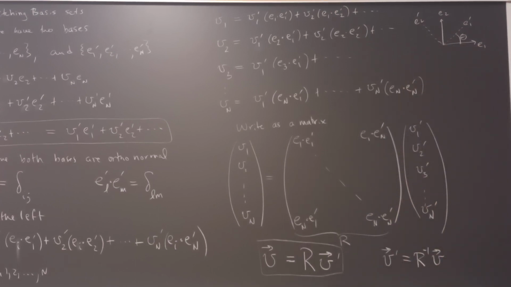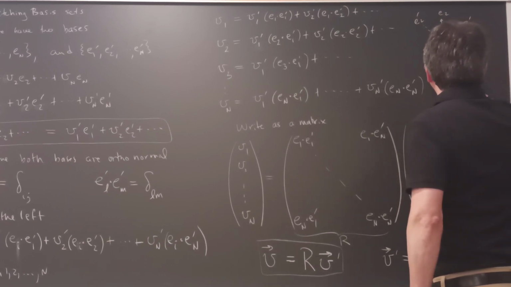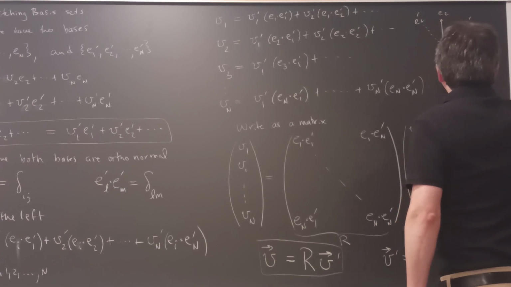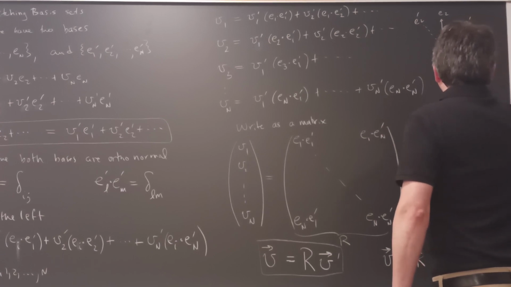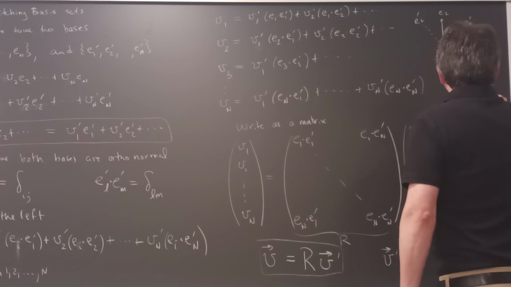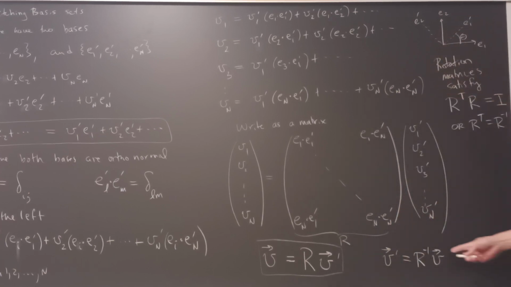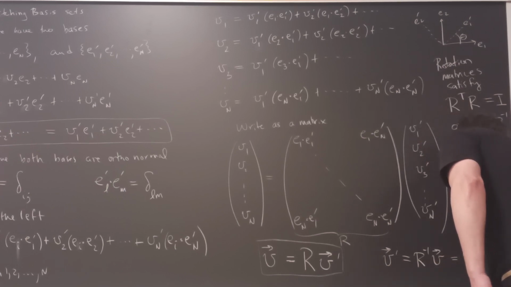If I wanted to switch bases the other way, I can multiply both sides by R inverse, so V prime is equal to R inverse V. And rotation matrices satisfy R transpose R equals the identity matrix, or R transpose is equal to R inverse. So this is also just R transpose V.